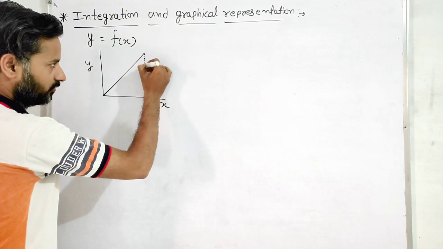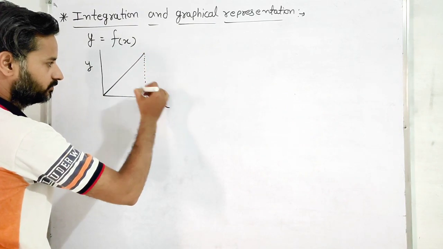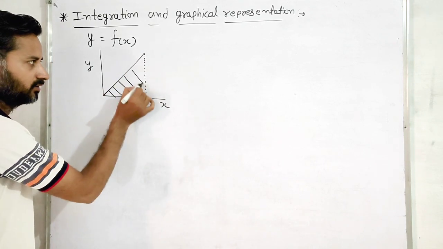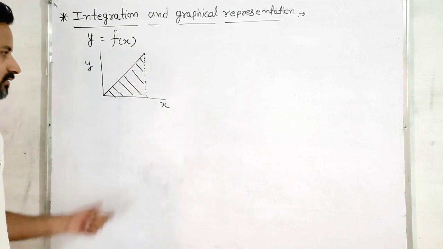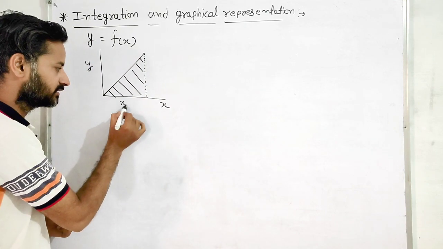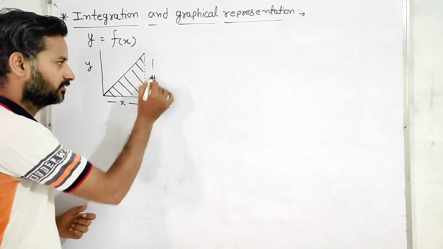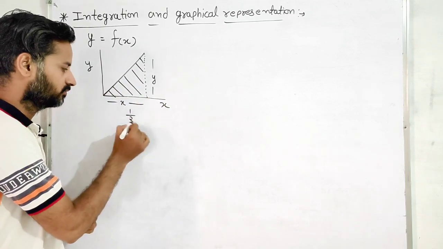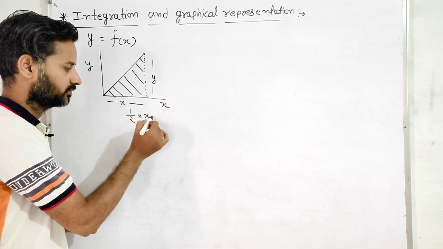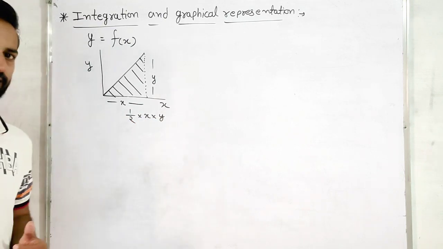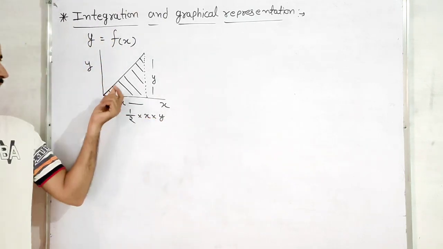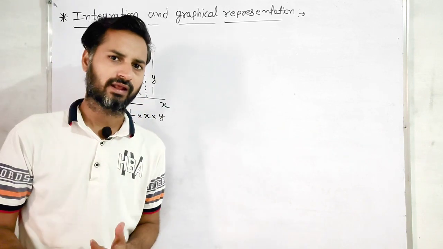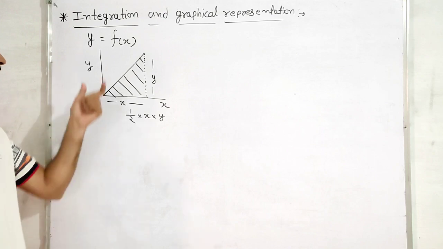We will drop a perpendicular here, and now we can find this area. Let this distance be x and this be y, then the area of this triangle will be half x y. So in this case, the area can be found easily.